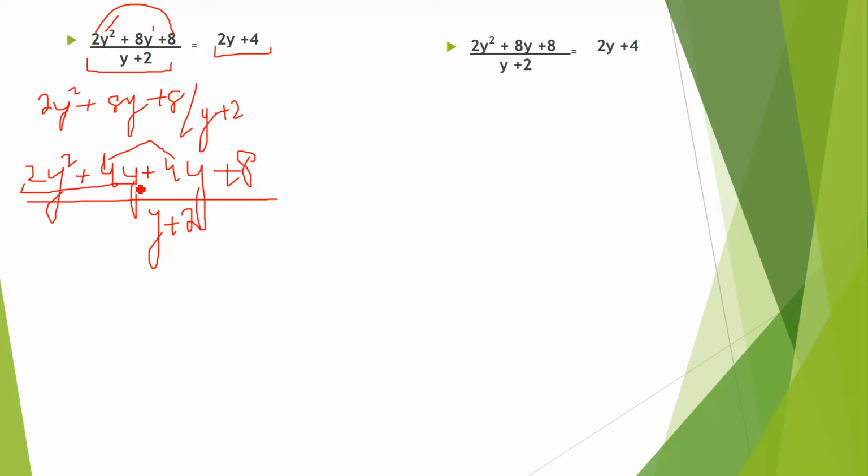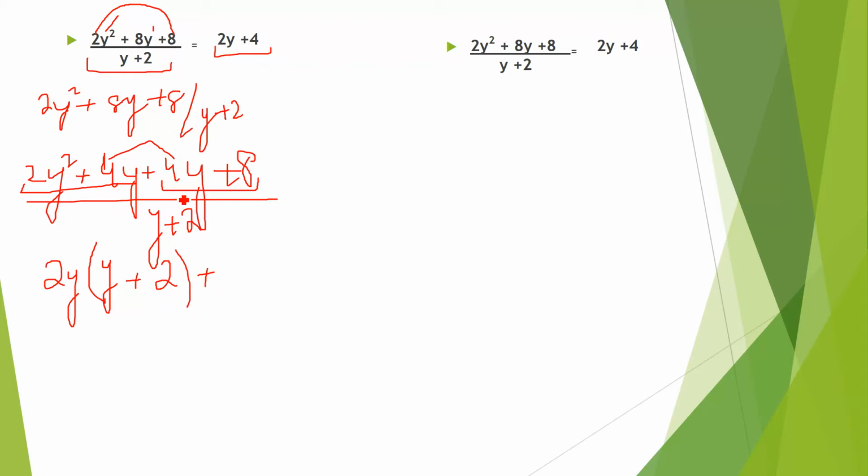Now make pairs. This is one set, this is one set, and take common. What you will take common here is y, so 2y. Why can we not take y square common? Because here you have only one y, here you have 2y. So only one y we can take common. So 2y times y plus 2 remaining in the parenthesis.